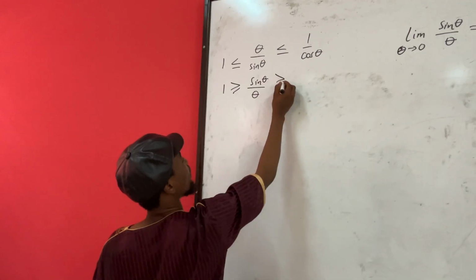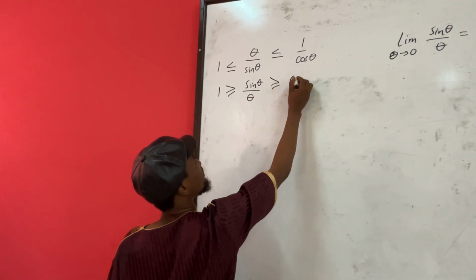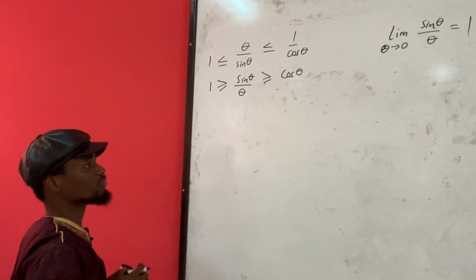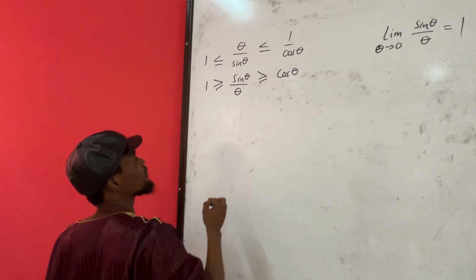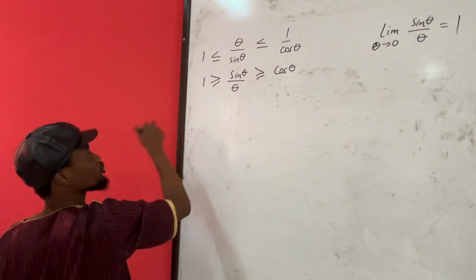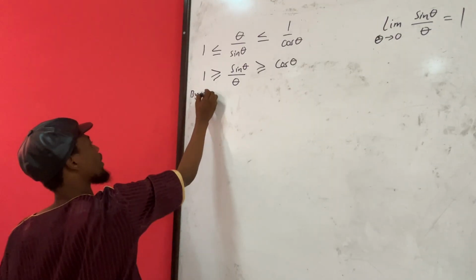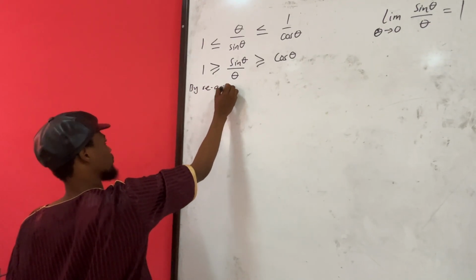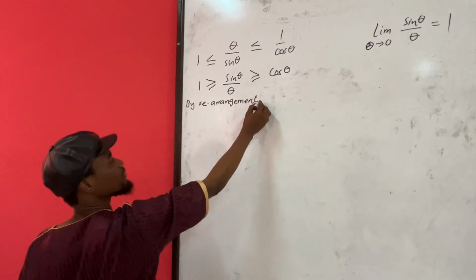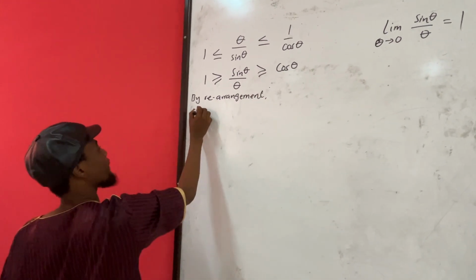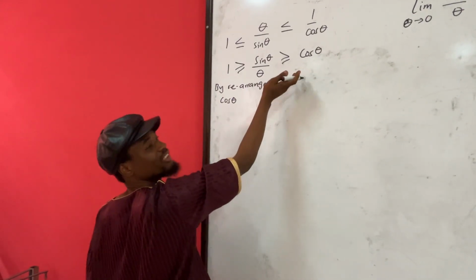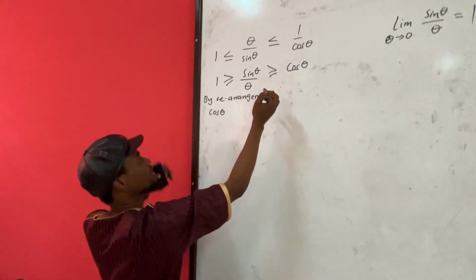So I have greater than or equal to cos theta over 1, which is the same as cos theta. So viewers, we can rearrange this. So by rearrangement, we can say that cos theta, right? Because I'm rearranging it this way. So in other words, I want to what?